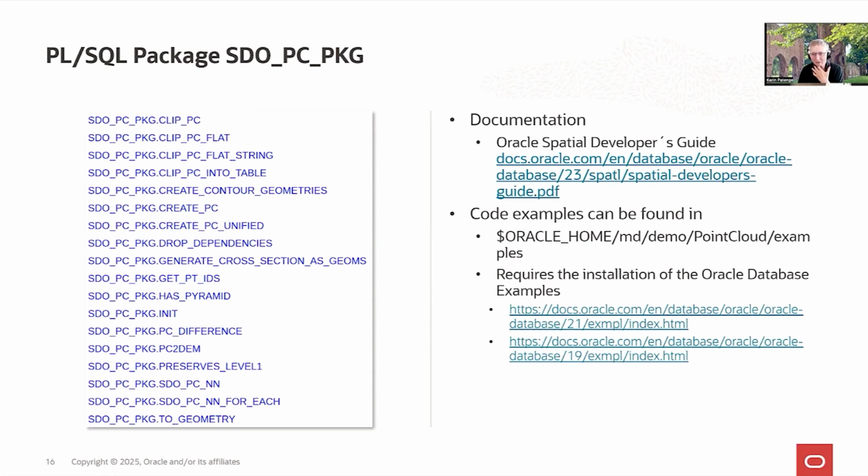Unfortunately, the database examples don't come with an autonomous database, but if you have your own installation of the Oracle database and maybe also installed the Oracle database examples, you will see that there is an MD folder inside the Oracle Home, which has a demo folder, and there you have different demo scenarios for the different types of spatial data. And one of the scenarios is about point clouds, and you can find the code examples for working with point clouds inside this folder structure.